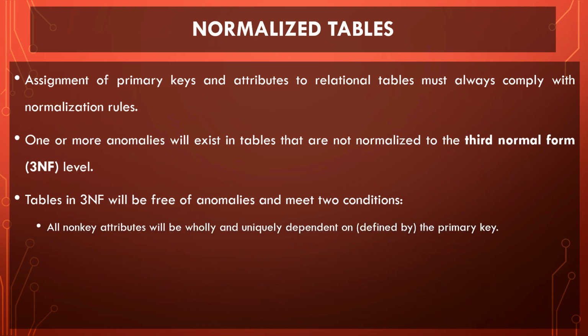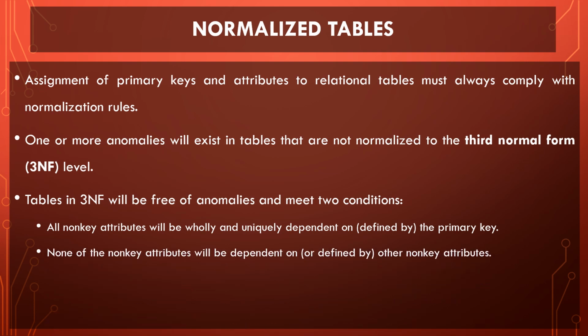The first one, all non-key attributes, or we call them foreign keys, will be wholly and uniquely dependent on the primary key. None of the non-key attributes will depend on the other non-key attributes or the foreign keys.